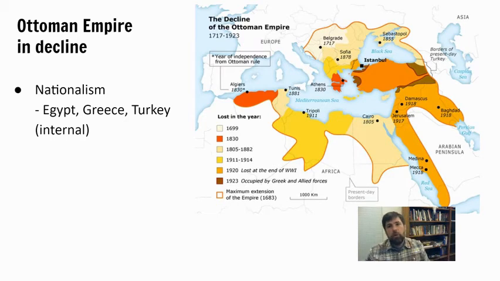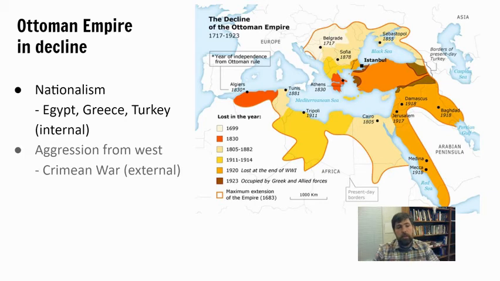Greece has a nationalist party that does break away from the Ottoman Empire. And you start to have elements within Turkey, the heart of the Ottoman Empire, that are Turkish nationalists who are disagreeing with the way the Ottoman Empire has been doing business. Those are all internal problems.